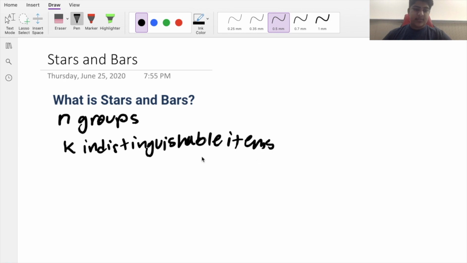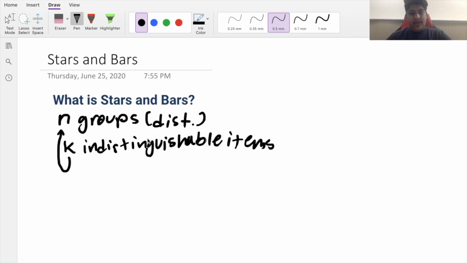Okay, so the groups also have to be distinguishable. So then stars and bars tells us the number of ways we can distribute these k items among the n groups. Now, let's first derive the method and see why it's called stars and bars.